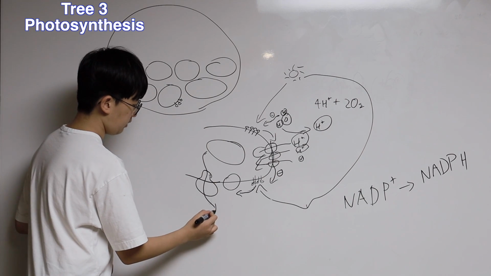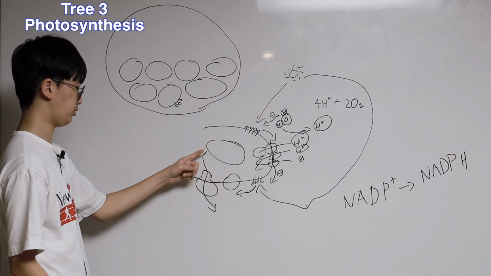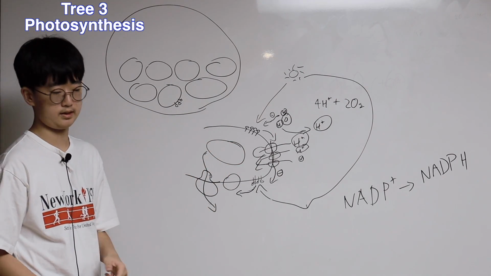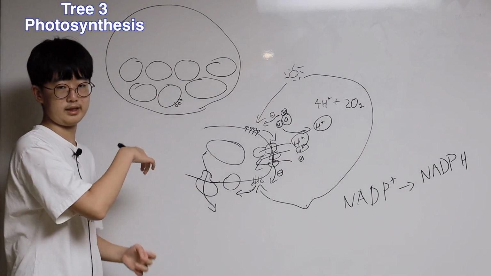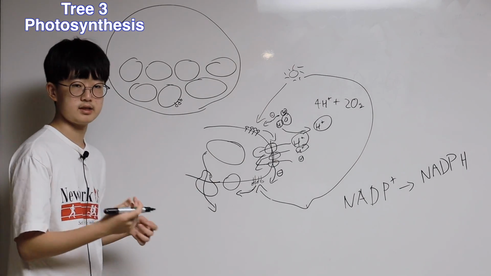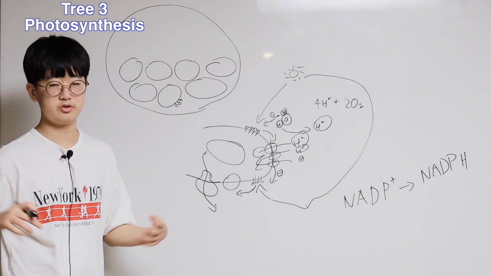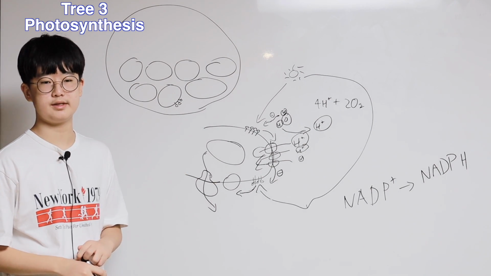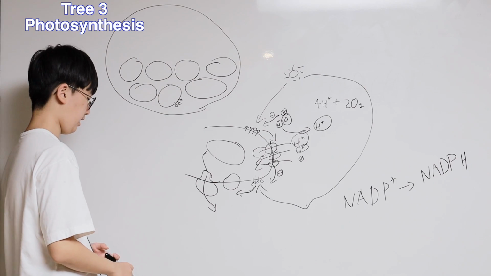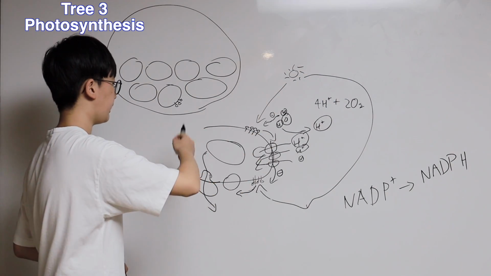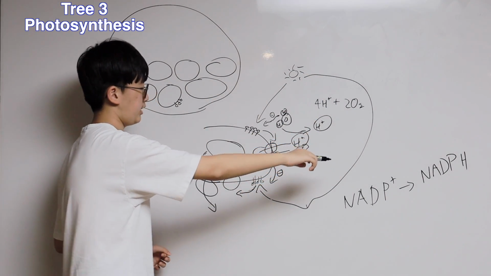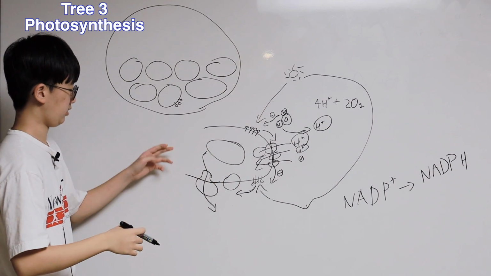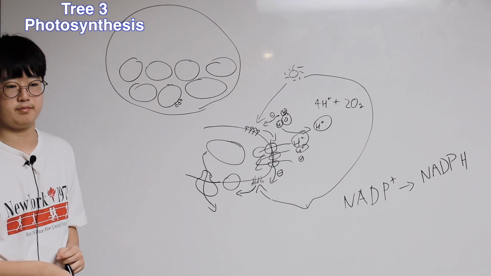And now the protons go through the ATP synthase, and that produces ATP, which plants can use for all sorts of things, because ATP is an energy molecule. So through that, NADPH has been made, and also some ATP has been made.